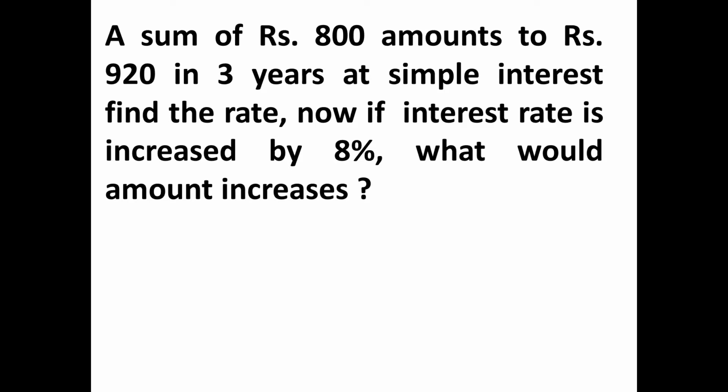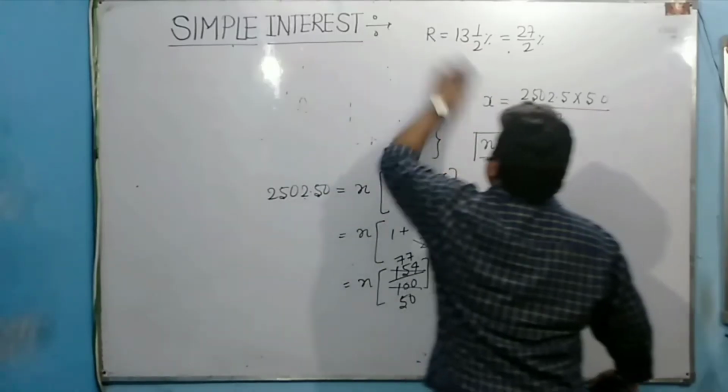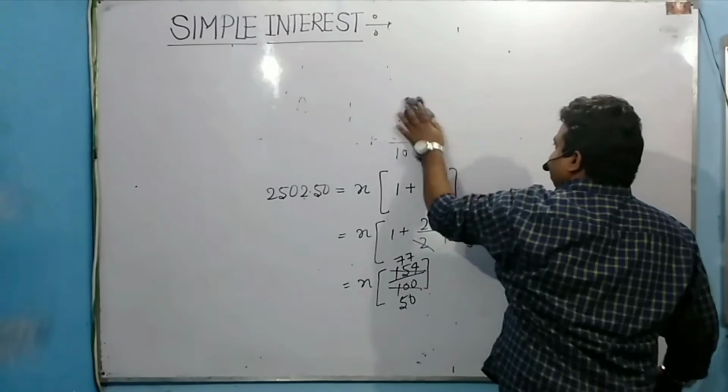A sum of rupees 800 amounts to rupees 920 in 3 years at simple interest. Find the rate. So first you calculate the rate. Now if the interest rate is increased by 8%, what would the amount be? I move to this question.